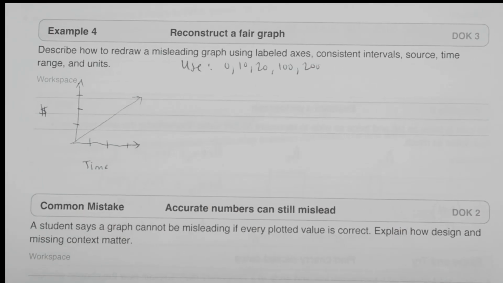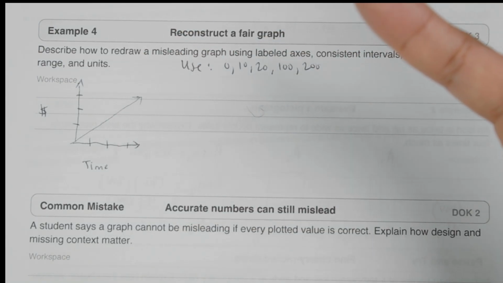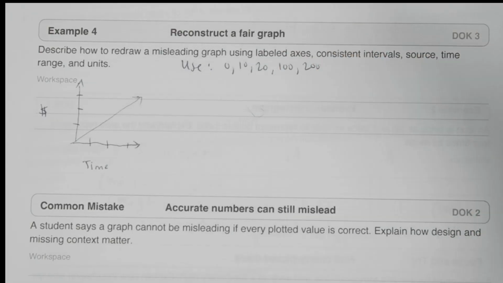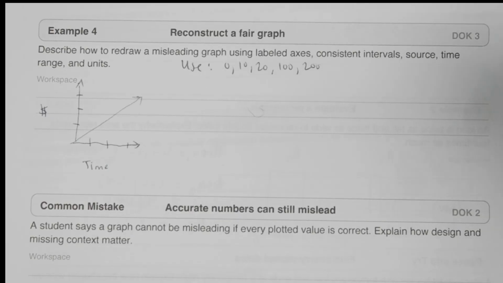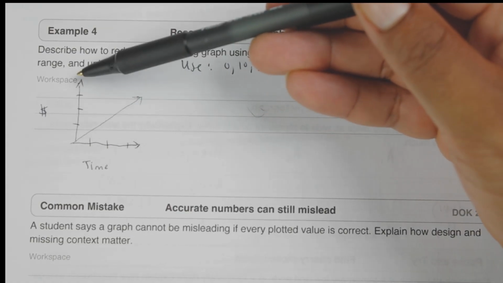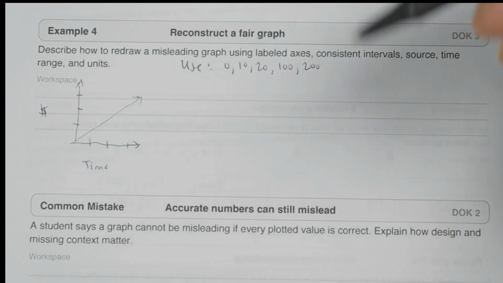Next, I want to include the units, the time period, the data source. Also make sure that the graph provides enough context for the audience to understand what you're actually seeing. A fair graph should make it clear what's being measured, what units are being used, what time period is shown, and where the graph came from. This is why this makes sense: the more time you spend on a job, the more your salary goes up.